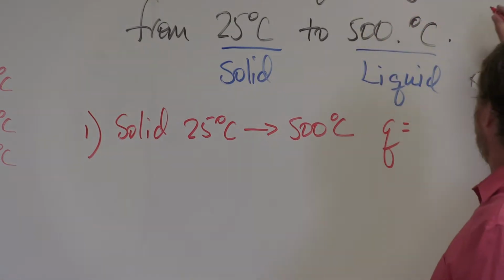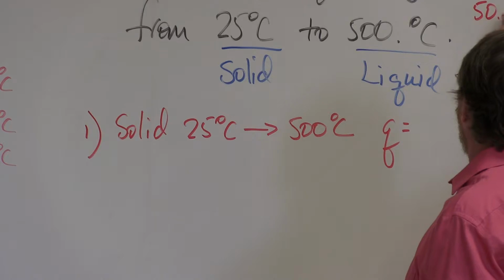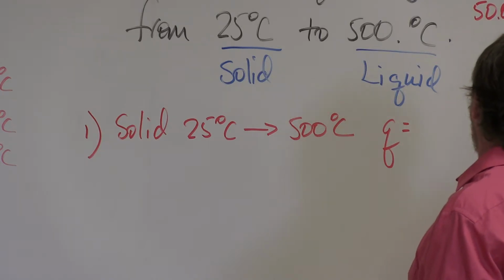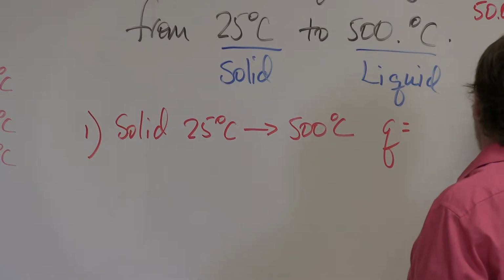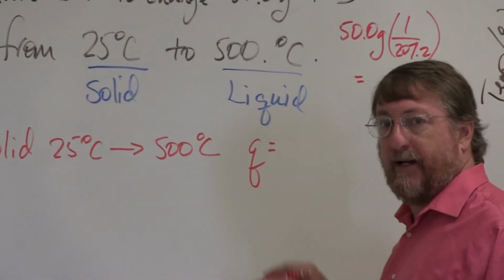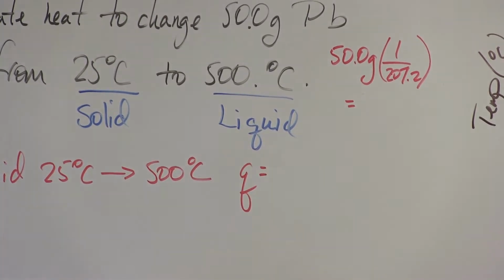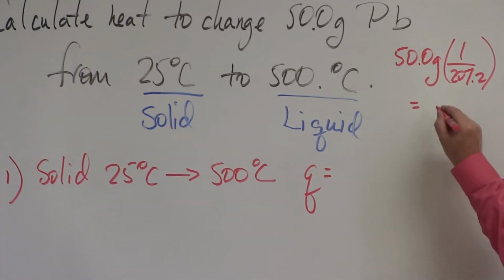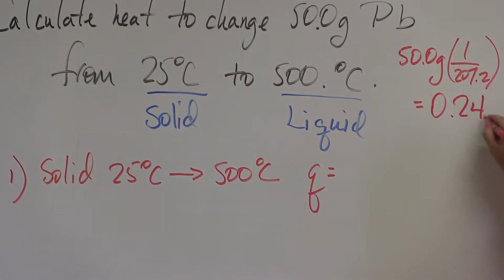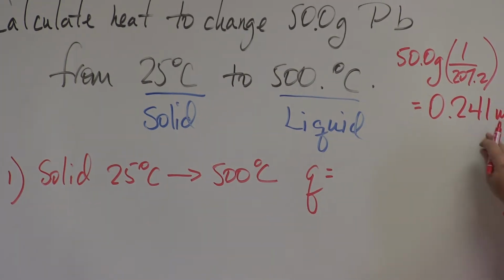So 50 grams of lead, and we'll just do a little side calculation here. 1 over 207.2 is equal to 0.241 moles. So there's our moles.